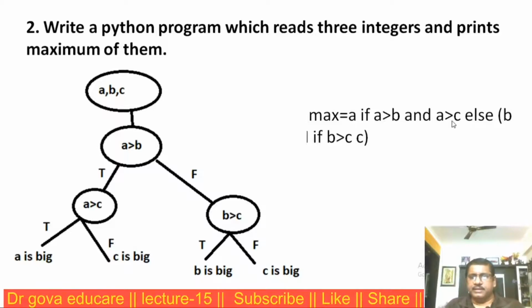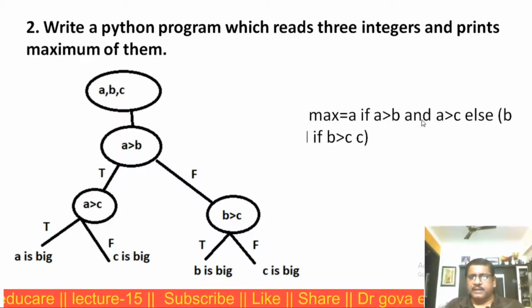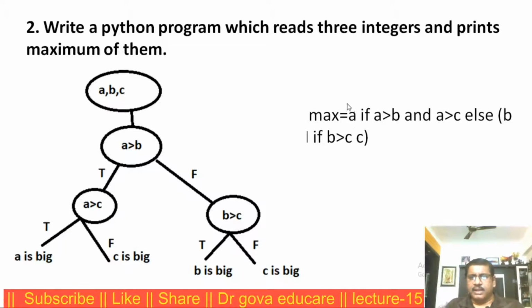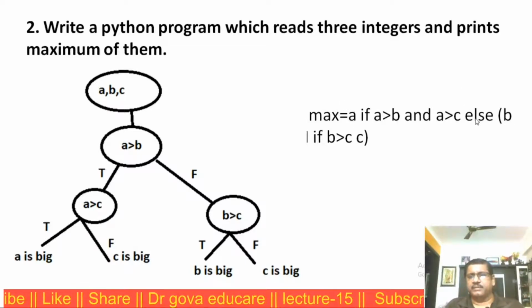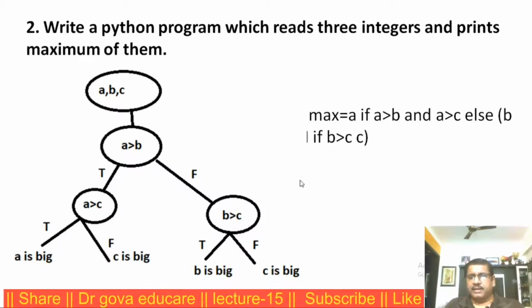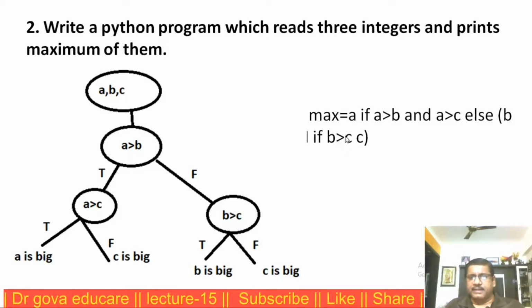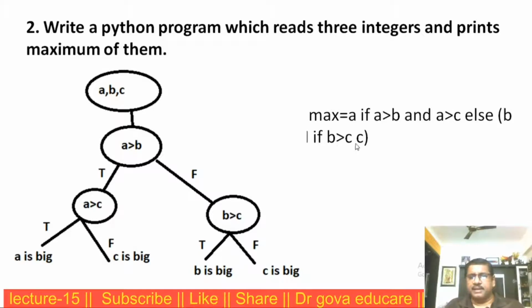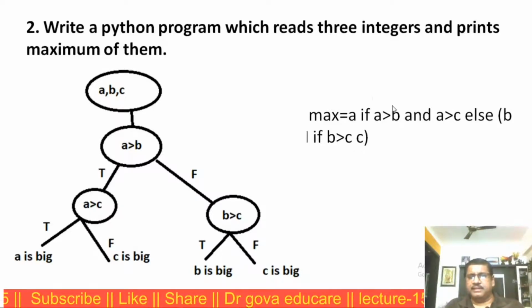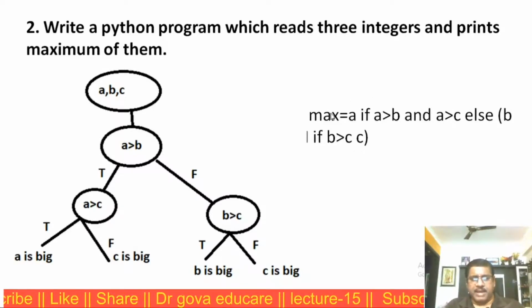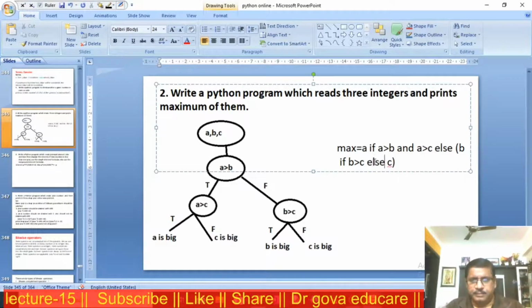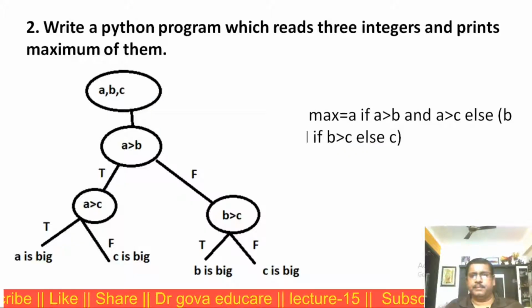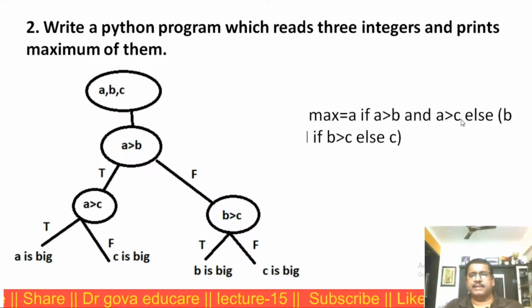If a greater than b and a greater than c is true, a is assigned to max. Else, again b greater than c, if it is true, b is assigned to max. Otherwise, c is assigned to max.